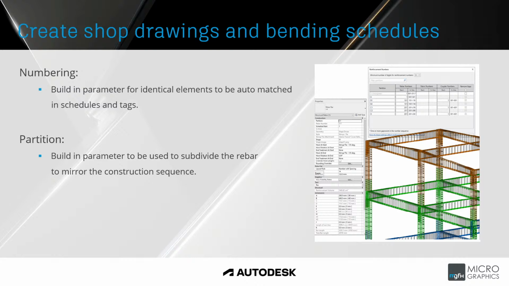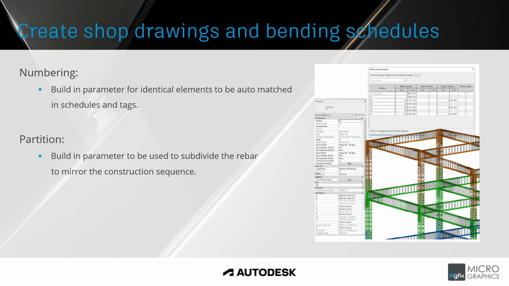It's a built-in parameter that helps with the construction sequence. So level 0 or ground level, you can have a certain partition, and then first floor you can have a certain partition, and color code them at a later point, so that it makes it clear to the contractor which is which.